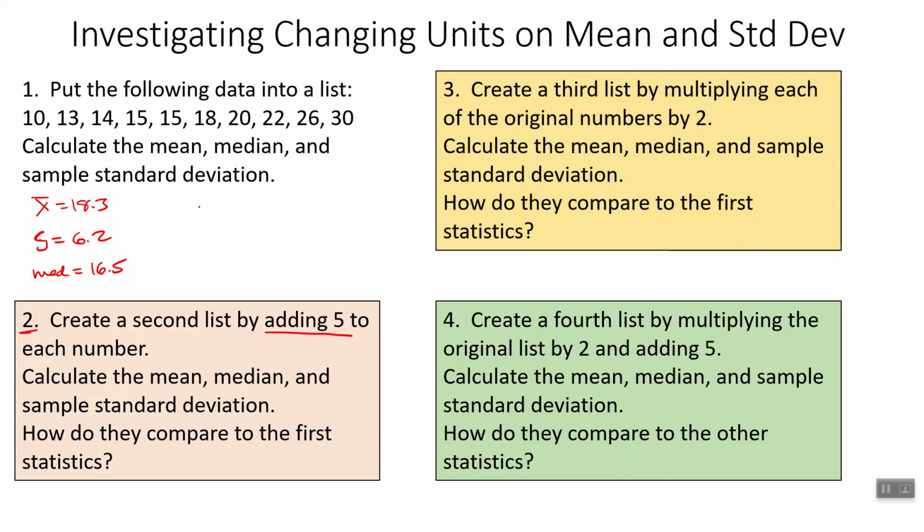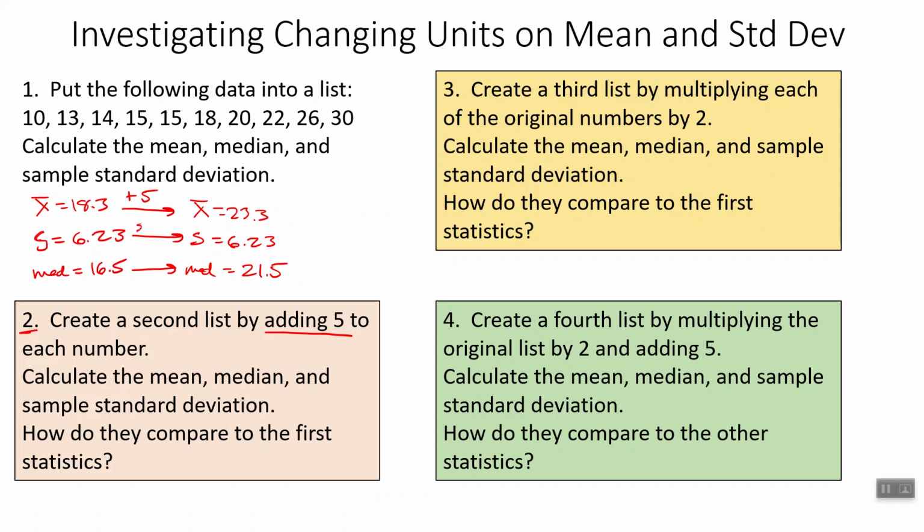So for this one, we've got x bar is 23.3. Standard deviation is 6.23, still, again, I'll put the 3 there this time. And median was 21.5. So how did each of these change? It looks like the 18.3 to 23.3 went up by 5.